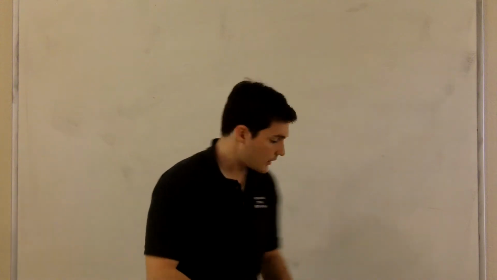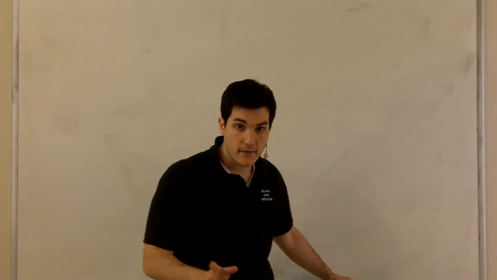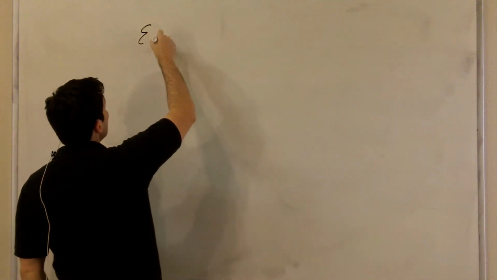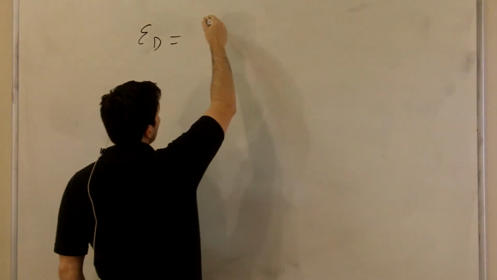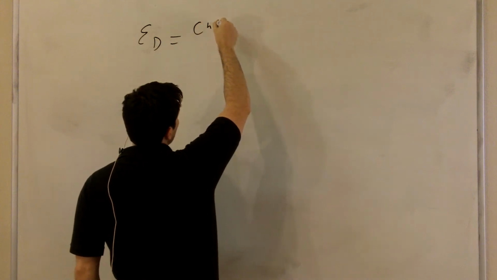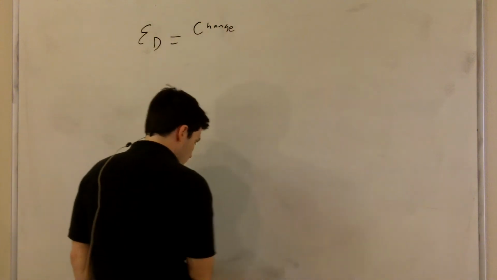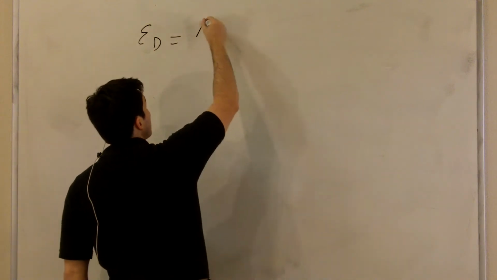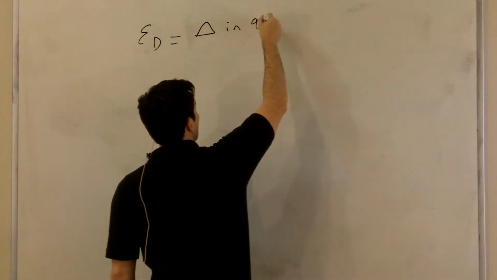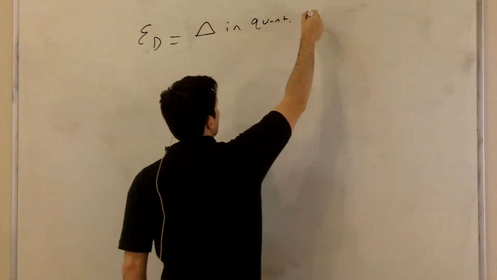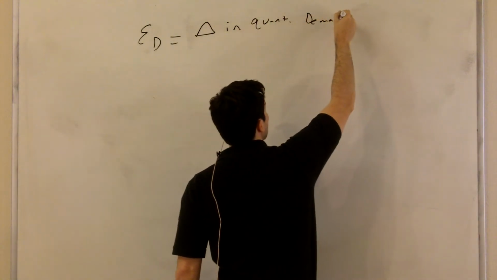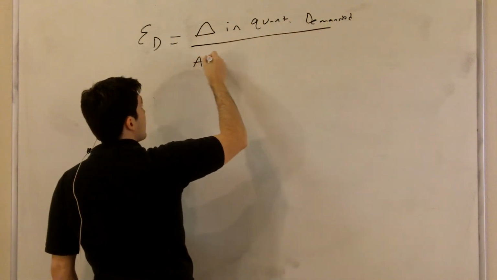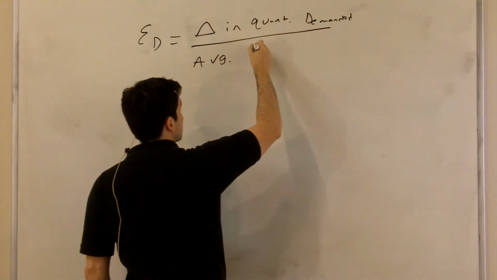Now, the ARC formula, and we're looking at the price elasticity of demand, the ARC formula is going to be your change. Let's do it with deltas. We're going to do change in quantity demanded over average quantity.